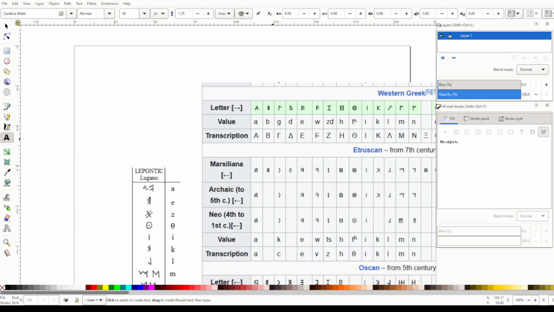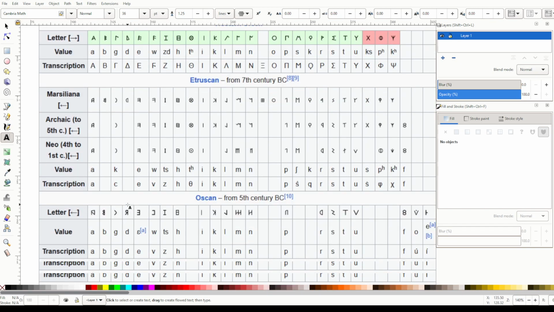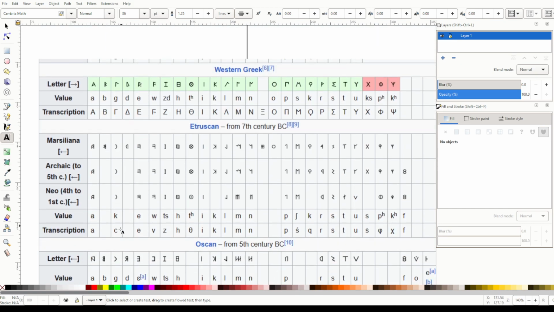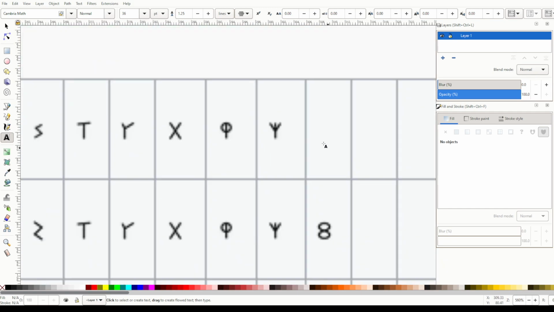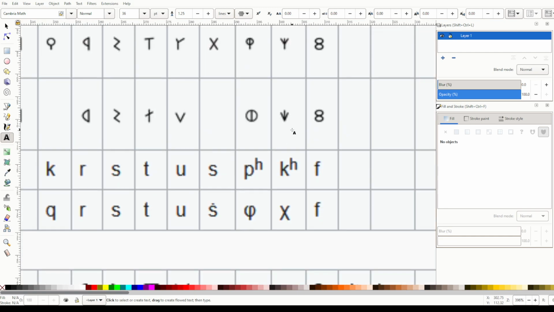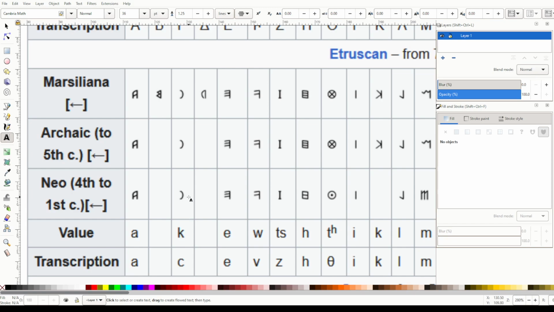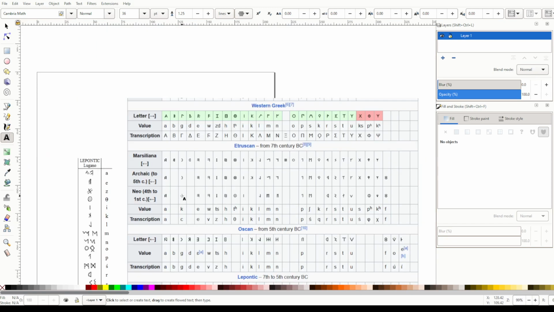And I believe the reason is because Etruscan didn't have a G sound, so it used this for K and this for K.